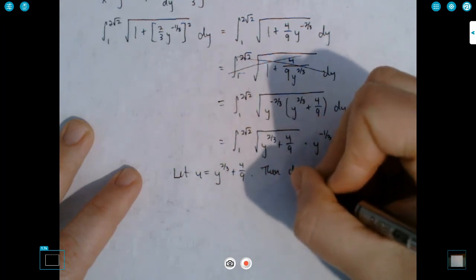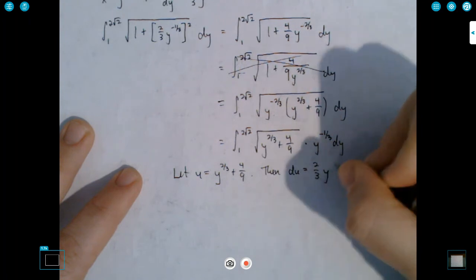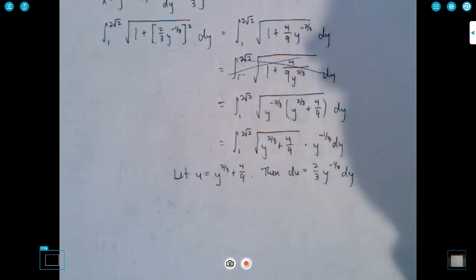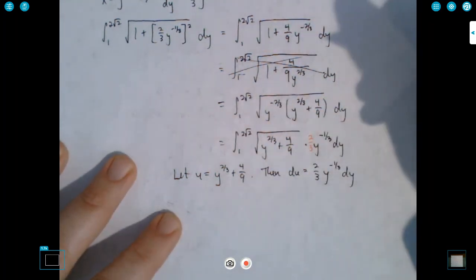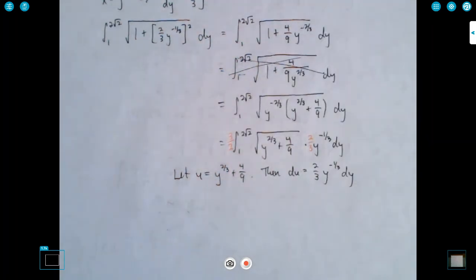Then du equals 2/3 y to the negative 1/3 dy. So all I have to do to fix this thing up is put a 2/3 there, which I'm allowed to do as long as I offset it with a 3/2 there.